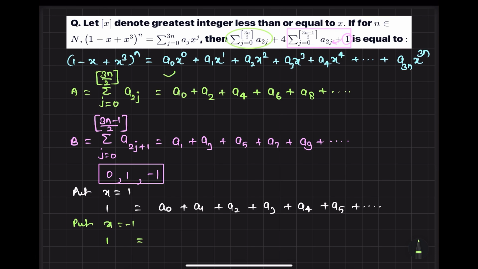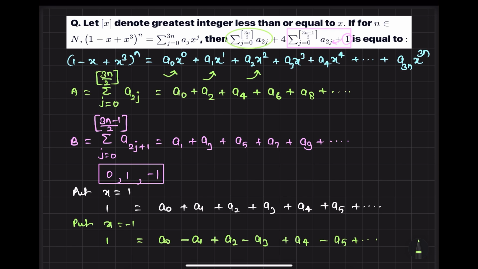On the RHS, substituting minus 1 in place of x, it will become a0, then minus a1, then plus a2, minus a3, plus a4, and minus a5. So alternately you are getting positive and negative terms.